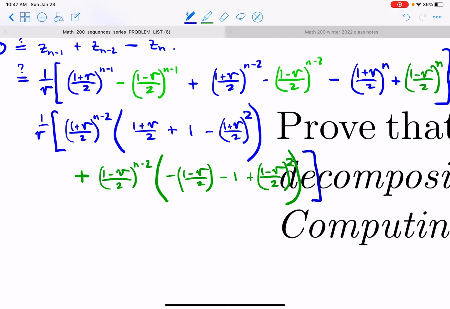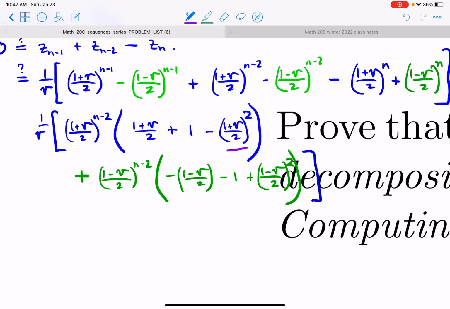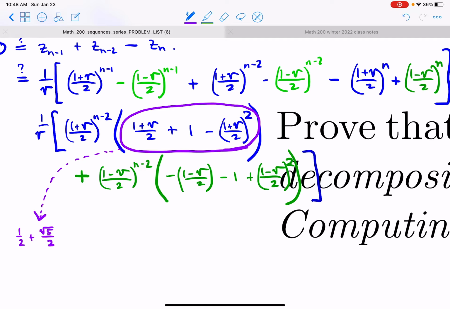Okay. And now what I'm going to do is just look at this formula. Let's take this formula and just see what it does. Let's focus in on it. I have a 1/2 plus a square root of 5 over 2 plus (1 minus root 5 over 2), and now I have to square this thing. Okay, I can square it: 1 plus 2 root 5 plus 5 over 4.